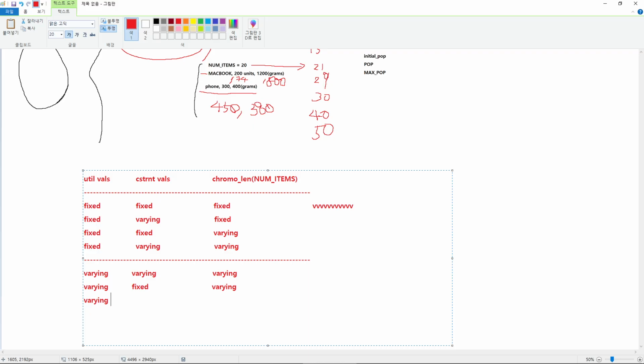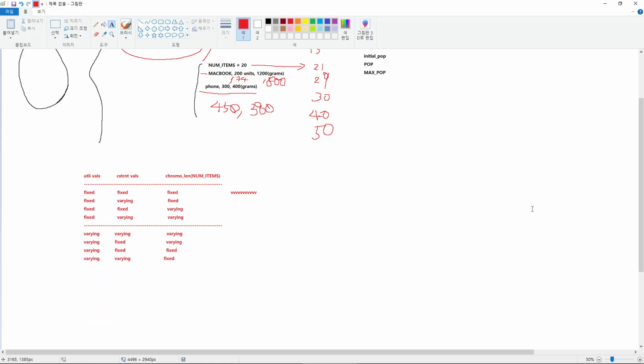Next, again, varying, constraint values are fixed, and then fixed, and then lastly, it could be varying, and the chromo length could be fixed. So there are 8 possibilities.